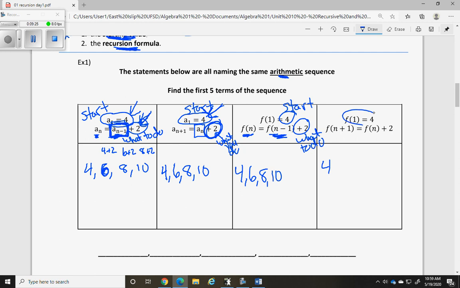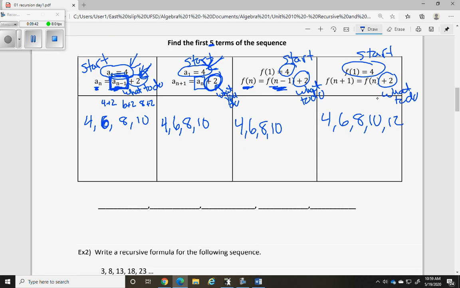This tells me what I start with. This tells me what I do. So I'm going to add on 2, add on 2, add on 2. It keeps on telling me if I want the first 5 terms, and I only did 4, but you know what the next one is. Okay, so no matter which notation they use, find what to start with and find what to do. That's all I want you to do.